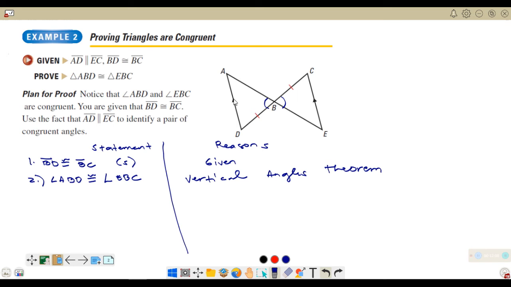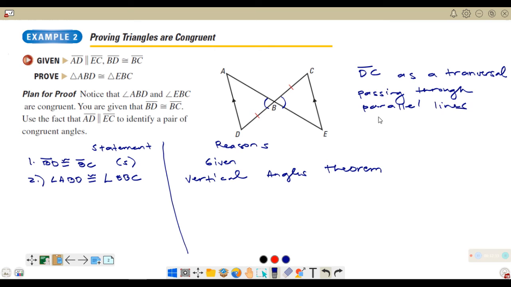Now, AD and CE are parallel. So, we can treat DC as a transversal passing through parallel lines AD and CE.